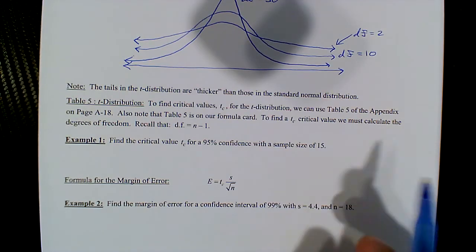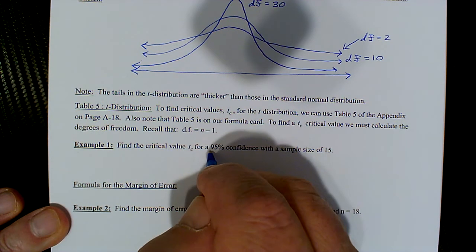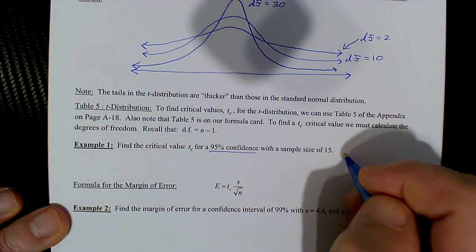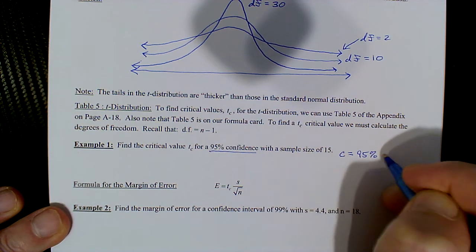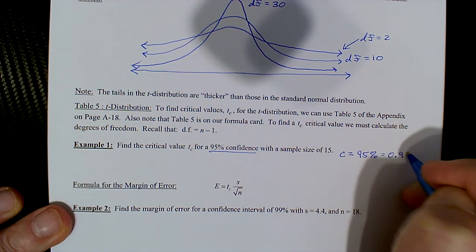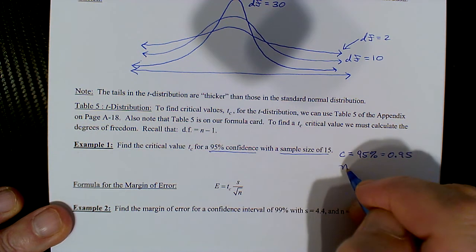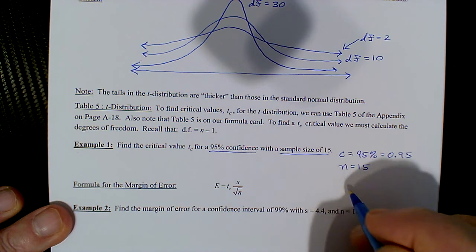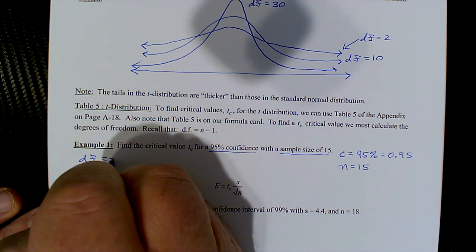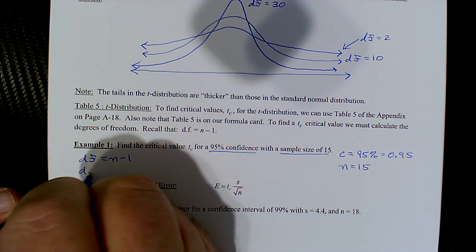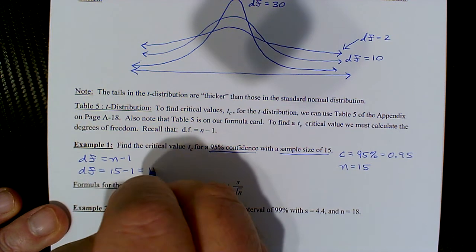And so here we'll just look at an example of finding the critical value for a 95% confidence interval. So c is 95%, or 0.95. It tells us the sample size is 15, so n equals 15. We'll calculate the degrees of freedom, n minus 1, or 15 minus 1. Obviously, you don't formally need a formula for that.